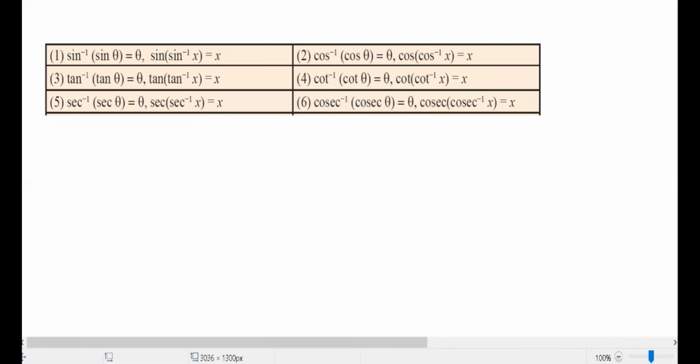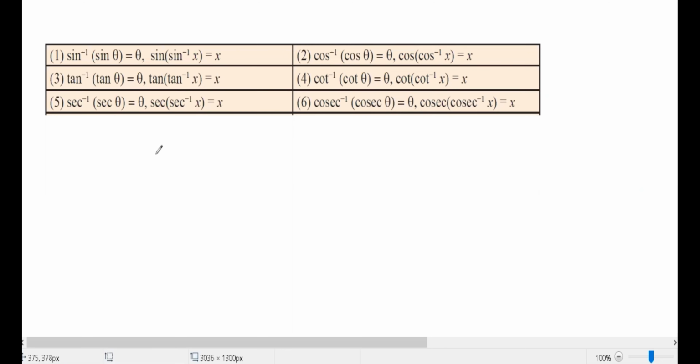Okay, so we have a few more formulae with sine inverse of sine theta, cos inverse of cos theta, tan inverse of tan theta, cot inverse of cot theta, sec inverse of sec theta, cosec inverse of cosec theta. Alternatively, you can write sine inverse of x, then cos inverse of x.